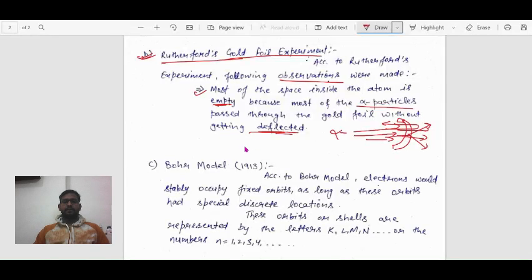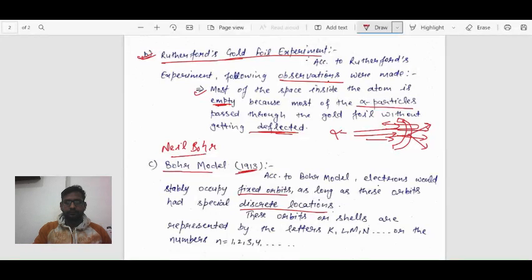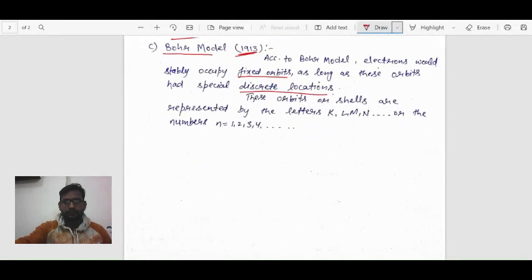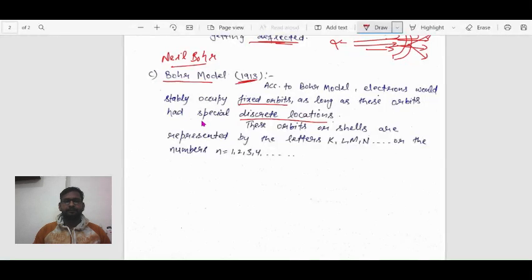Now, the next scientist was Niels Bohr, and he gave his model in 1913. According to the Bohr model, electrons stably occupy fixed orbits, which are at special discrete locations. Bohr named the orbits K, L, M, N, or numbers 1, 2, 3, 4.